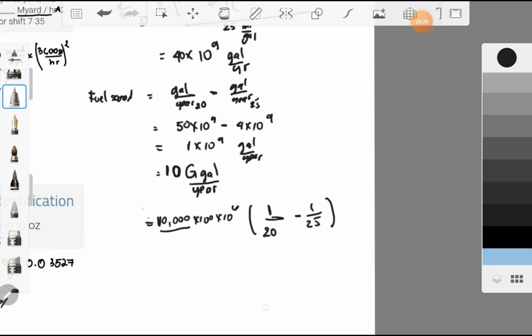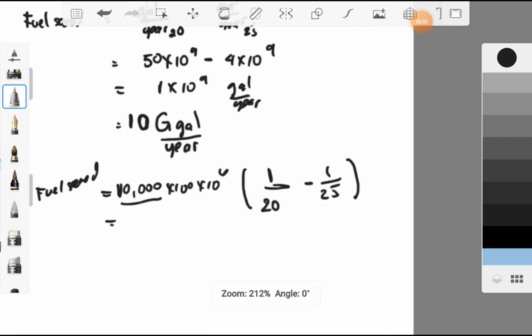Yan, diba? So, your fuel save is equal to, pag sinubtract mo yan, 1 over 20 less 1 over 25, makakuha ka ng sagot na 0.01.